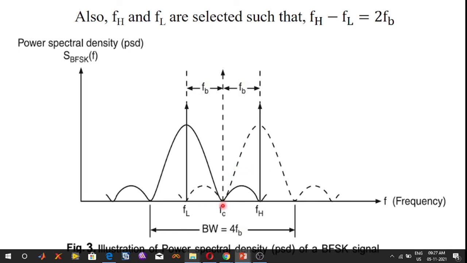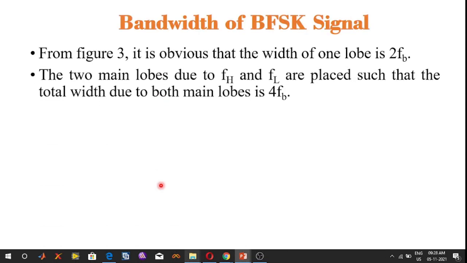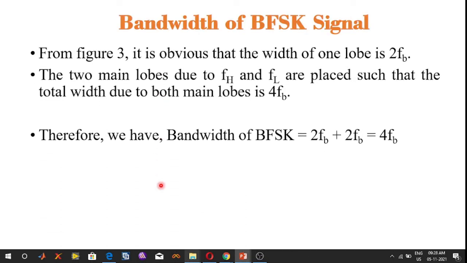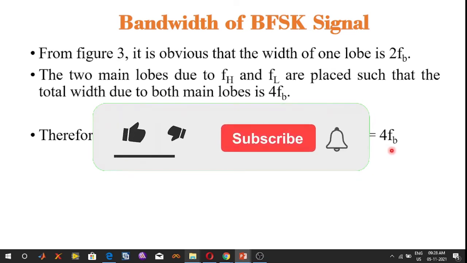The width of one lobe is 2fb. So now here there are two main lobes. The two main lobes due to fh and fl are placed such that the total width of the main lobes is 4fb. So therefore, the bandwidth of the binary FSK signal is 2fb plus 2fb, which is 4fb.